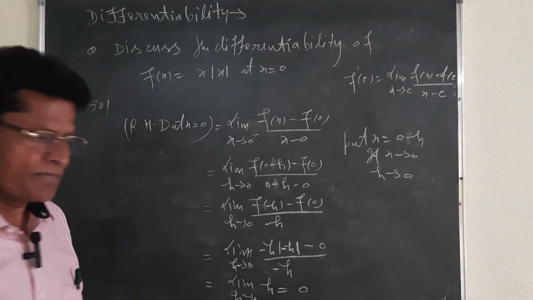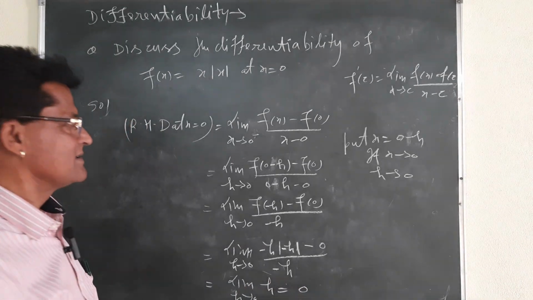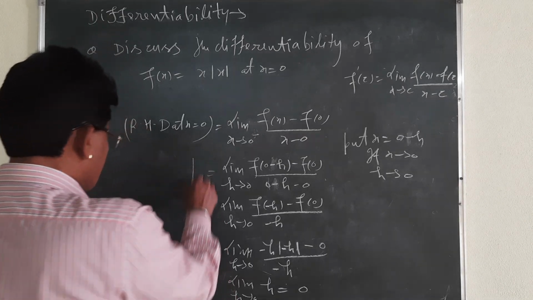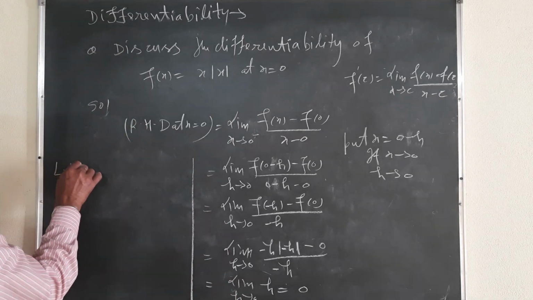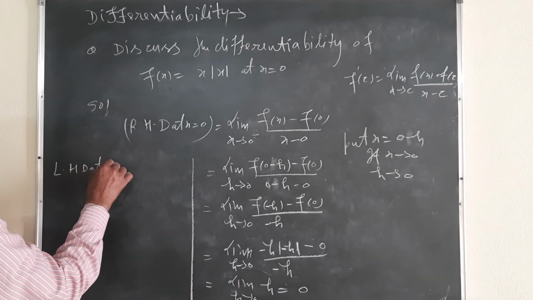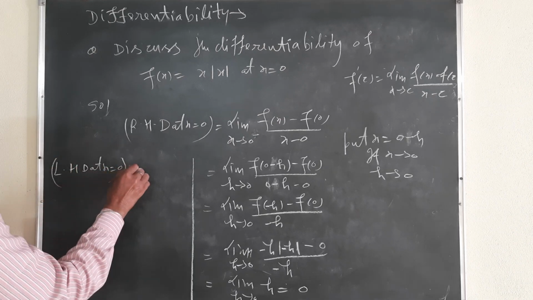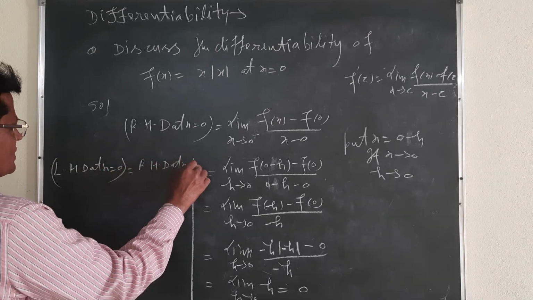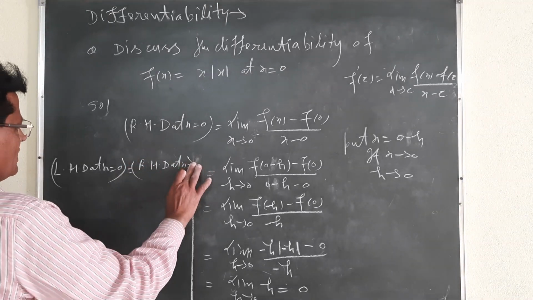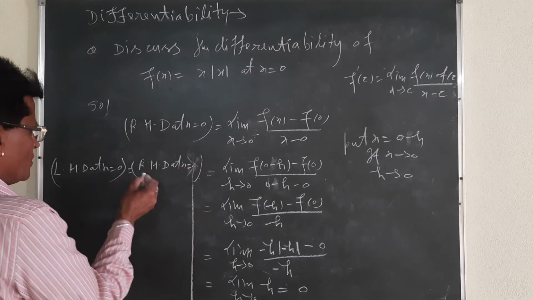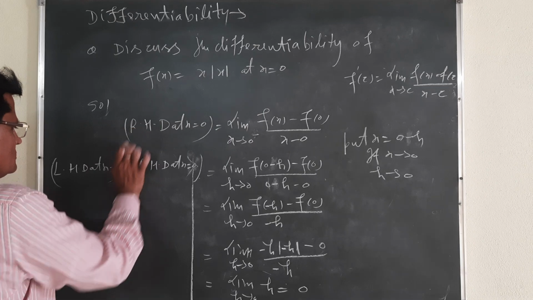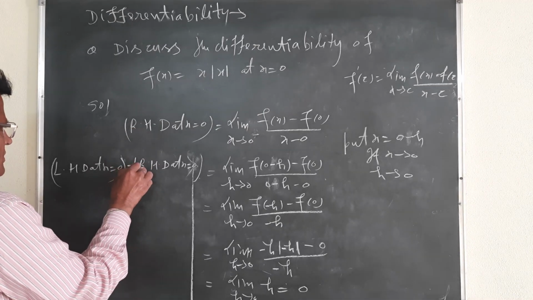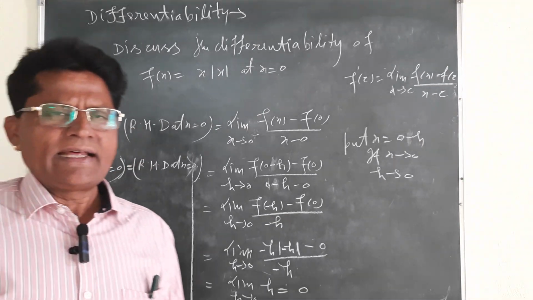It will be 0. What does it mean? Dear student, you got the value: left hand derivative at x equal to 0 is equal to right hand derivative at x equal to 0. Both are equal. The left hand derivative is equal to the right hand derivative at 0.